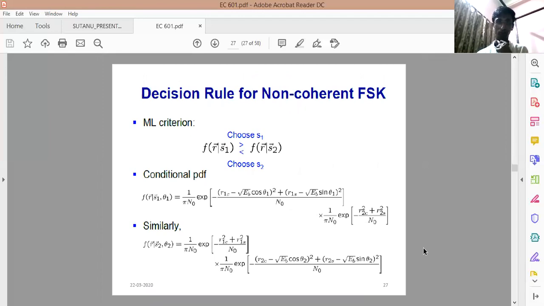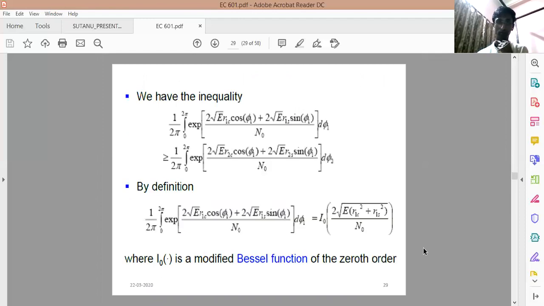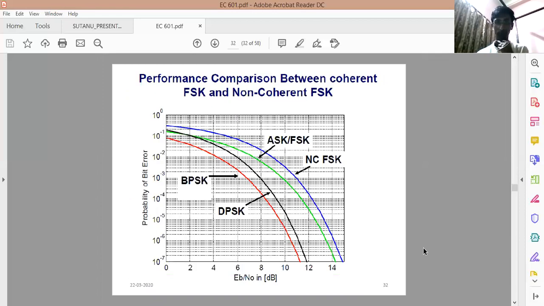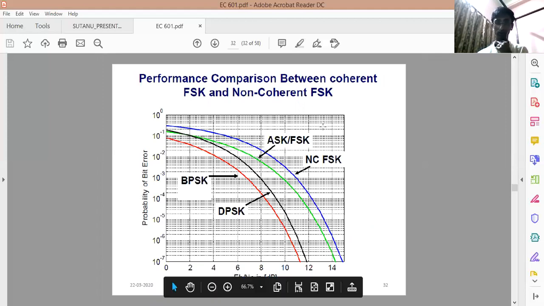Various things related to mathematics of non-coherent FSK, already I have discussed it. So next, when I want to compare the performance in terms of BPSK, ASK, non-coherent FSK, DPSK, FSK, what are we getting? We are getting the best performance using BPSK.